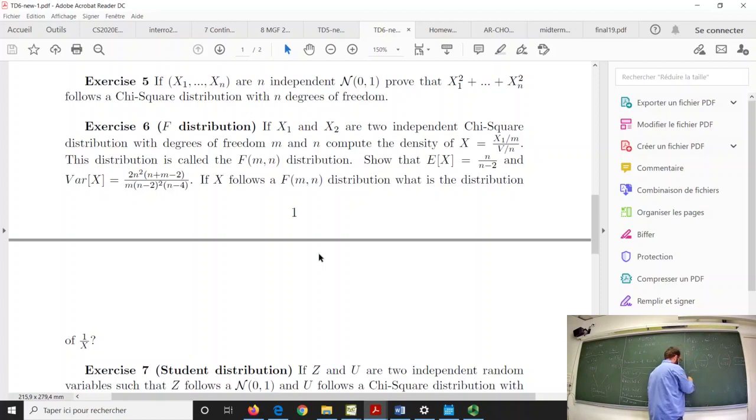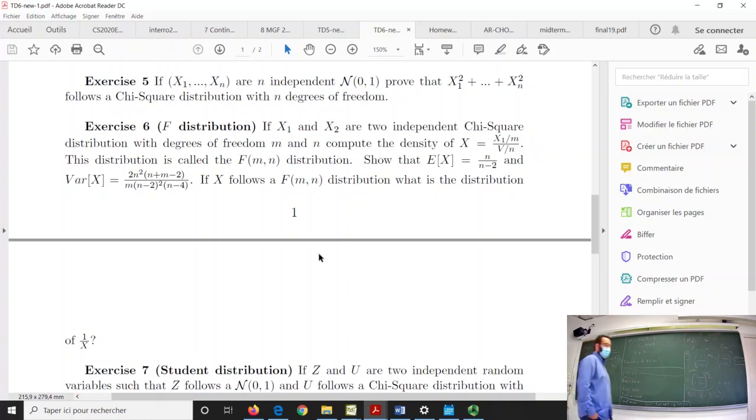So I obtain 1 over (1 minus 2t) to the power (n plus 1) over 2, for 1 minus 2t positive, and here I recognize the moment generating function of a chi-square of parameter n plus 1, and it's finished. And I have done the job by induction.